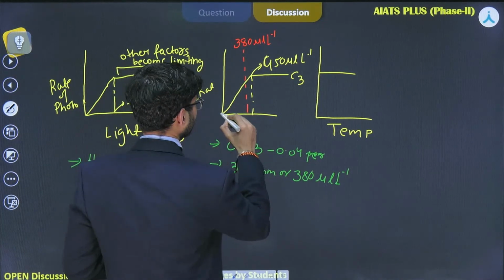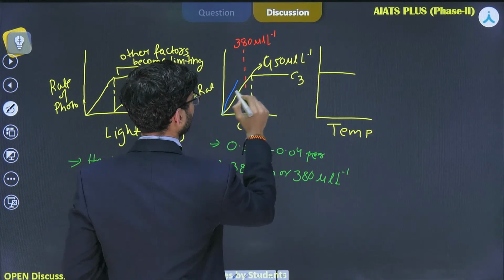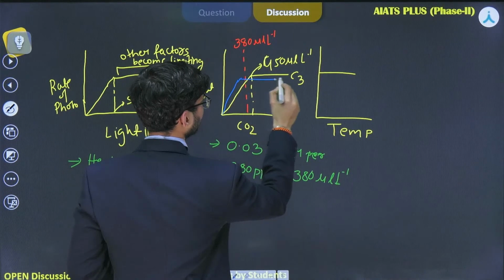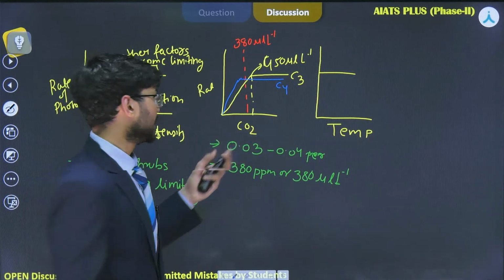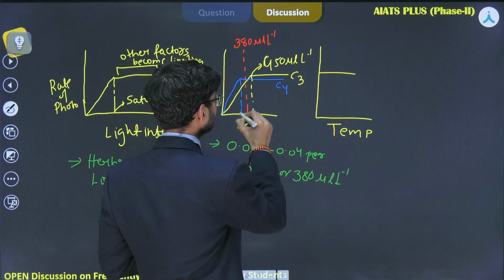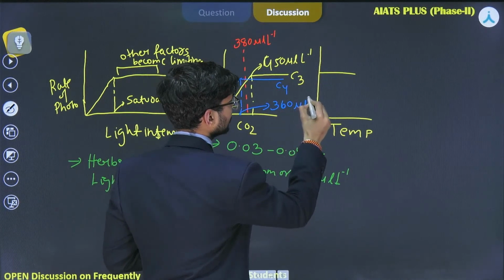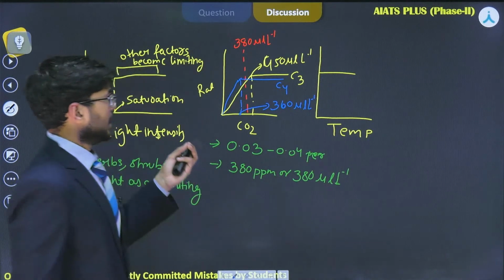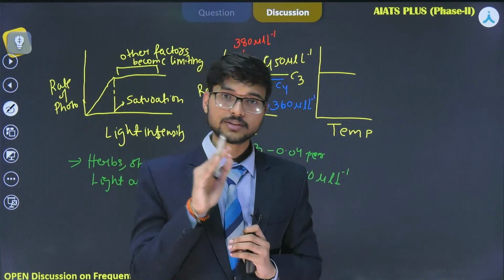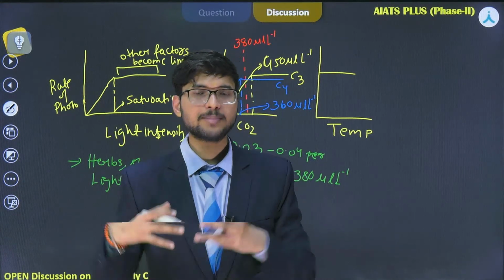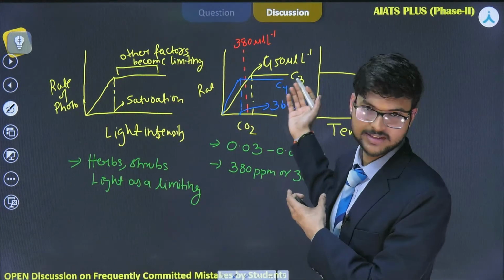While if we compare this C3 plant with the C4 plant, you will find that the saturation point of C4 plants is reached before the atmospheric concentration, because the saturation for C4 plants is 360 microliter per liter. So basically for C4 plants, carbon dioxide is not a limiting factor, while for C3 plants, carbon dioxide is a limiting factor, because the atmosphere does not have that much concentration.